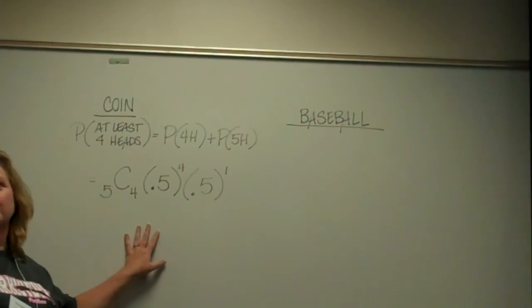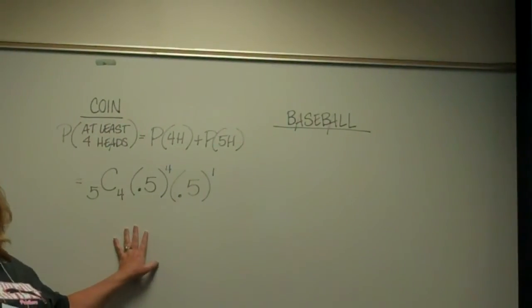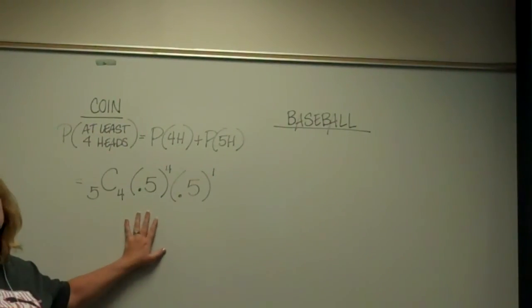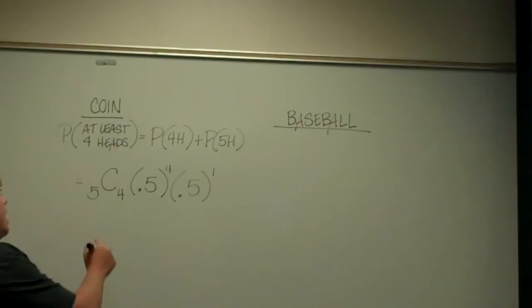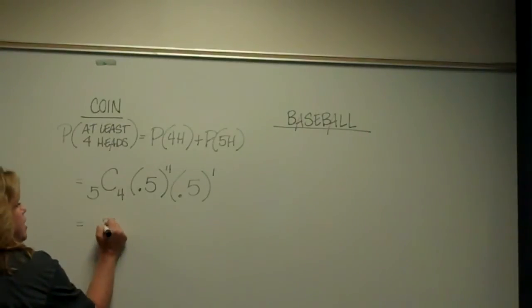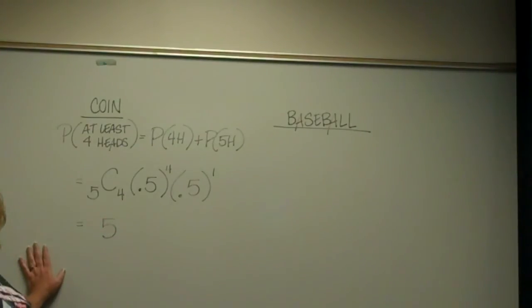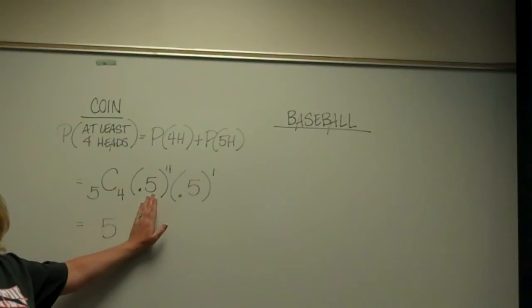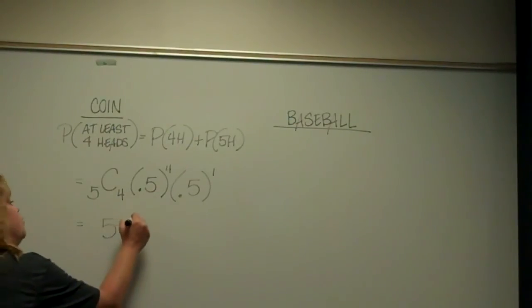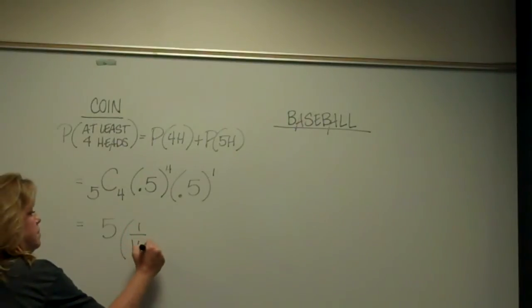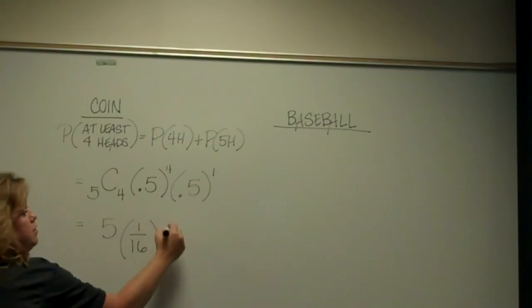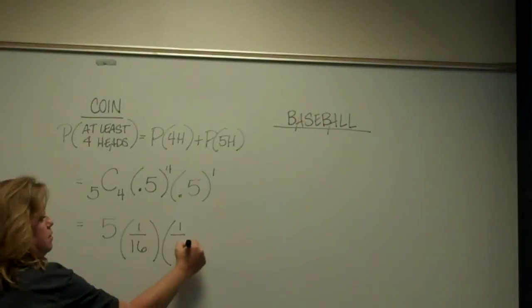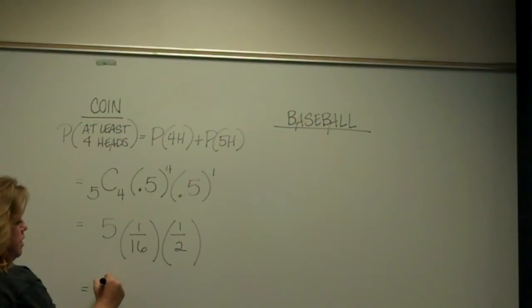I'm showing you this way for a reason. I know there's another way to work it. 5C4, do that on your calculator, you get 5. 1/2 to the 4th power is 1/16. 1/2 to the 1st power is 1/2. So our answer is 5/32.